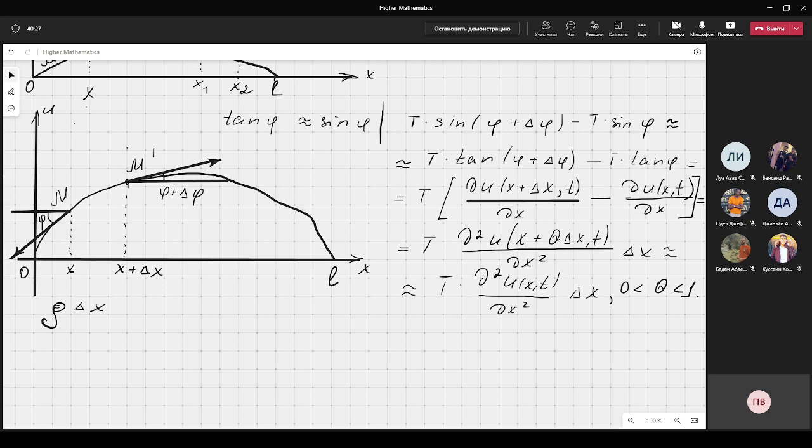The acceleration of the element is the second derivative of u with respect to t twice. Hence, by D'Alembert's principle, we will have rho times delta x times the second derivative of u with respect to t twice equals T times the second derivative of u with respect to x twice times delta x.